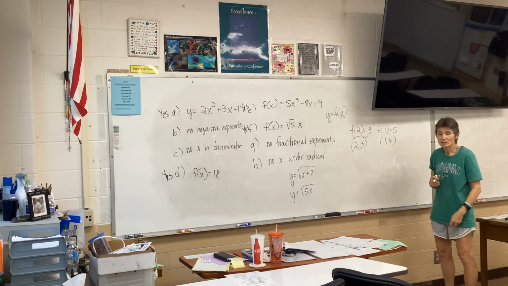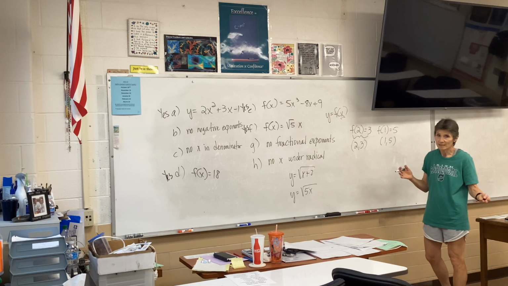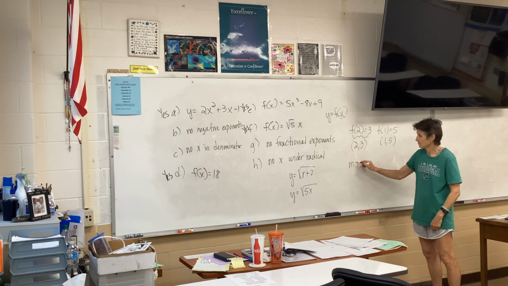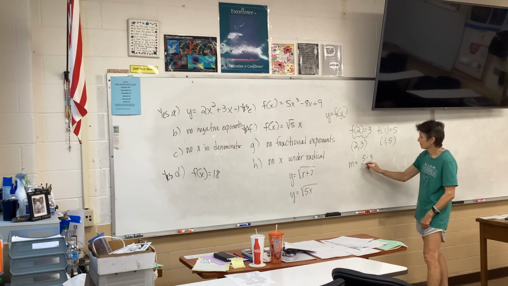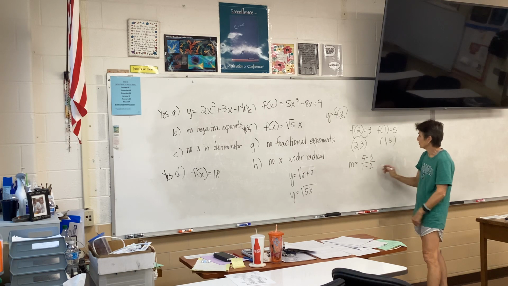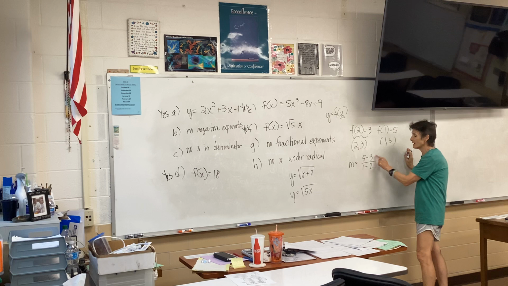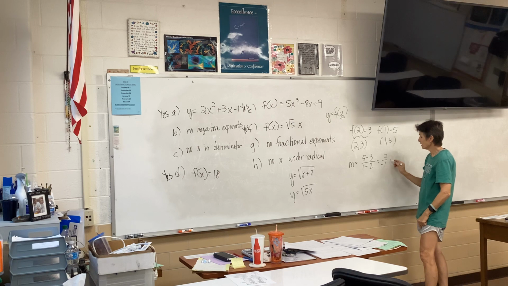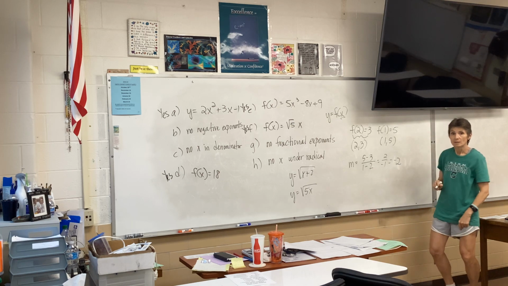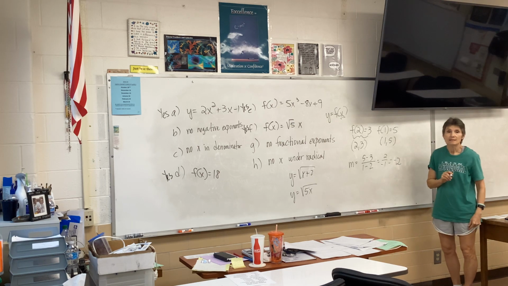So to write the equation of a line, you know what we need. We need the slope. So the slope is 5 minus 3 over 1 minus 2. Y minus y, y's on top always, y minus y, x minus x. So that's 2 over negative 1 or negative 2. So my slope is negative 2.